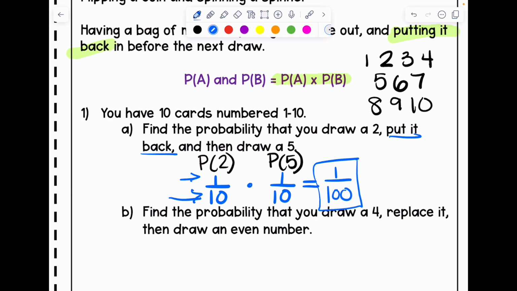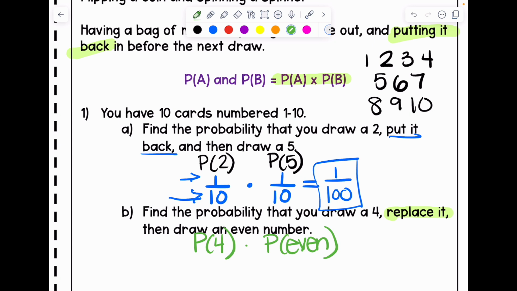Here's another example. Find the probability that we draw a 4, we replace it, then draw an even number. Again, a key phrase here that's telling us these are independent events is replacing it. So I'm resetting my cards before I make that second draw. So I want to figure out the probability that I would get a 4, and then the probability that I'm going to get an even number after I put back the 4.